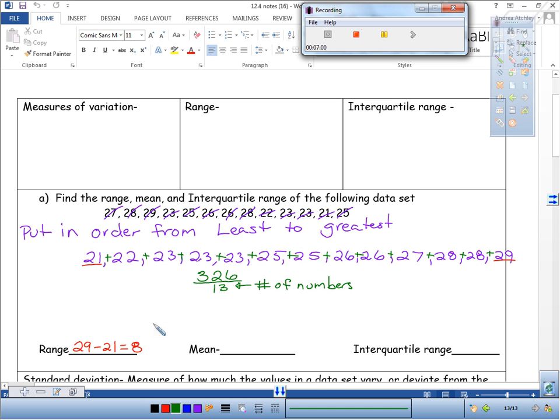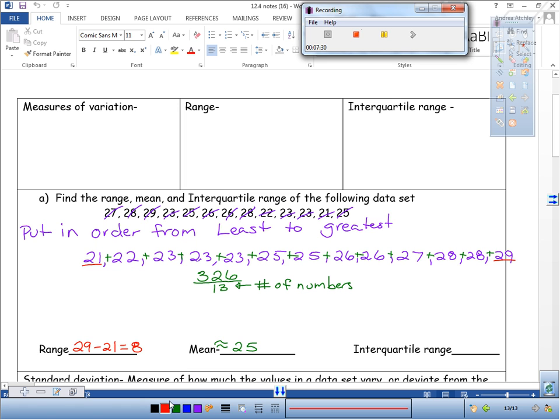Is that correct? Okay, and so what was the mean? Did anyone get it? 25. Let's just do 25 because it was 0.07, right? 25.07, we'll just leave it as 25. About 25.